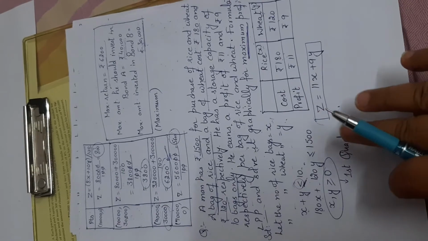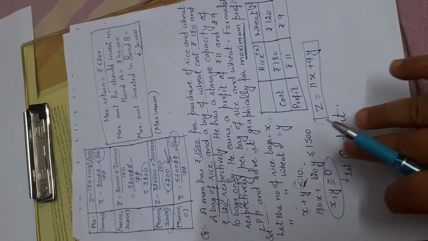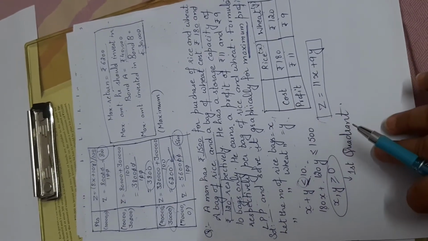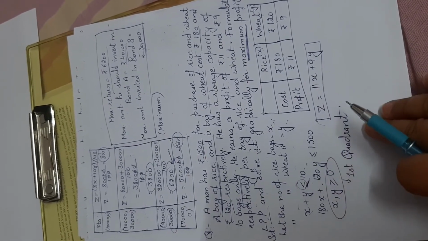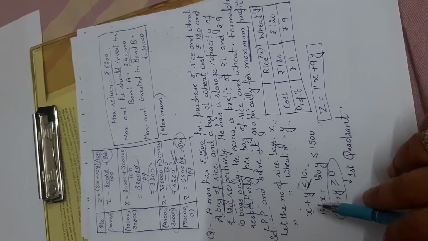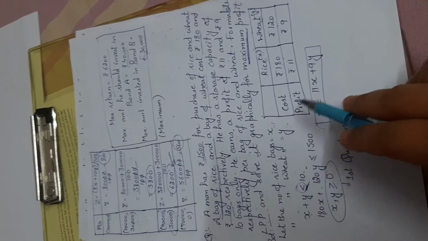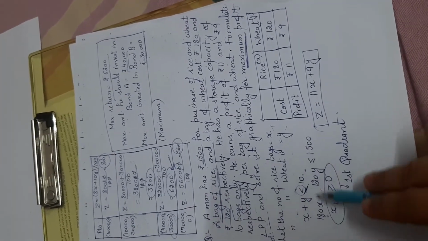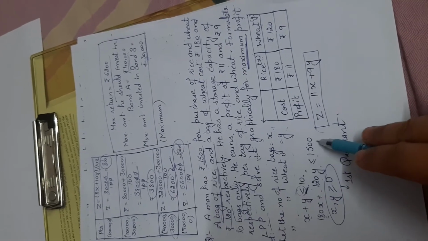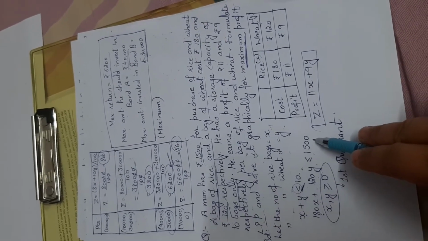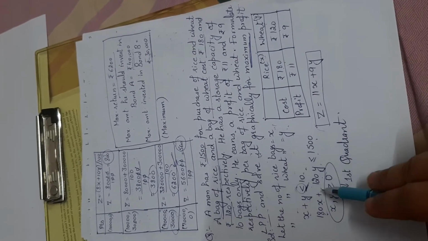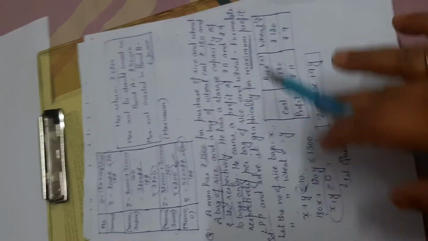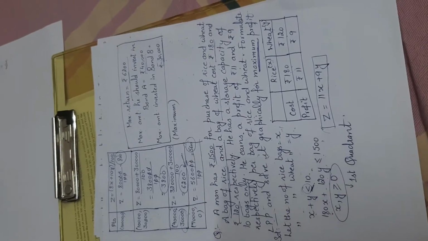If he wants to invest by purchasing rice and wheat, and he's having 1500, then it's up to him whether he wants to invest rupees 1500 to purchase all those things, or less than that. So 180x plus 120y less than or equal to 1500, because he's having 1500 maximum.